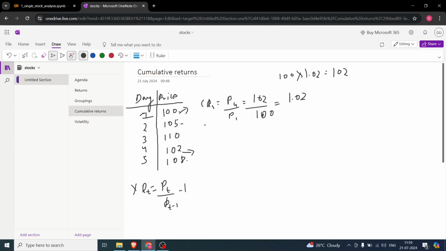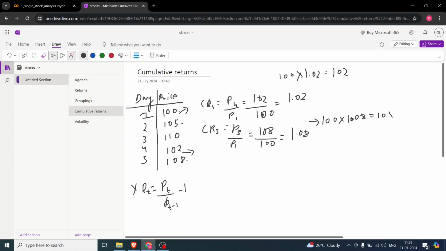If you want the cumulative return on the fifth day, you will say price on the fifth day divided by price on the first day, that is 108 divided by 100, which is 1.08. This means if you invested $100 on the first day and take the money out on the fifth day, you will get a 1.08 multiplier, and that will give you $108.